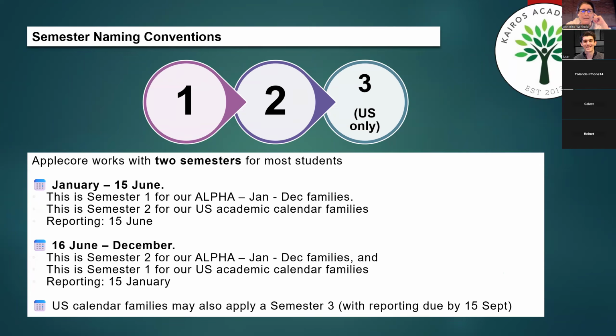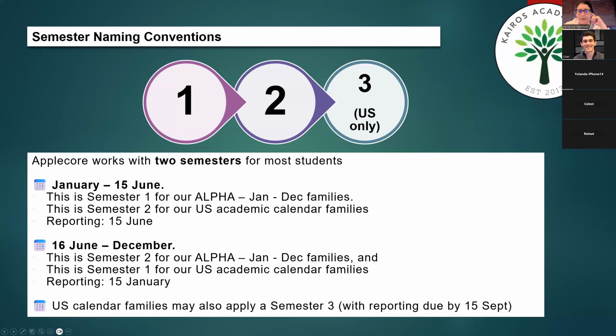And then for our US calendar families with the re-enrollment upcoming within the next 2 weeks, you will be enrolling for your first semester at the end of the year.